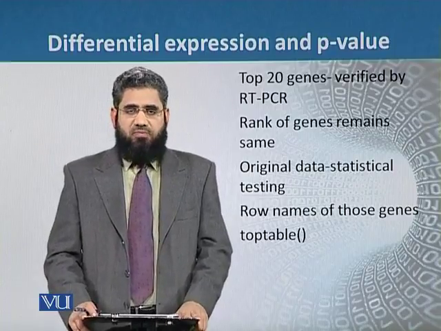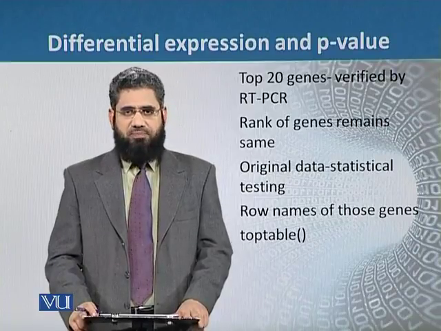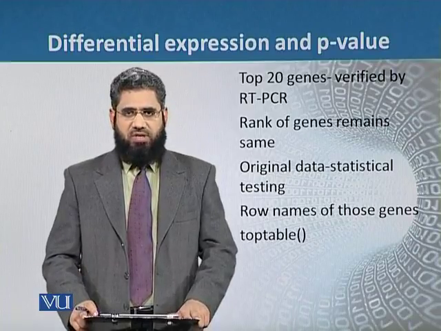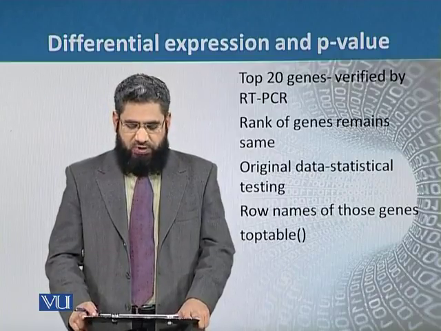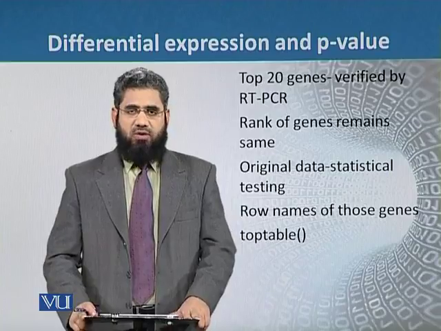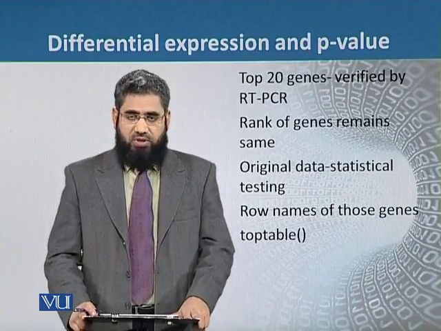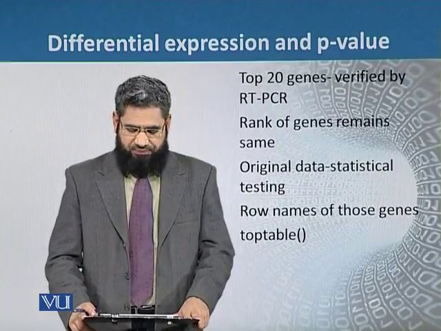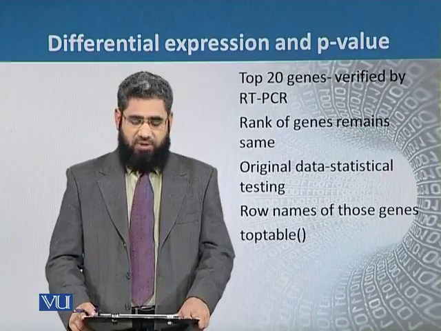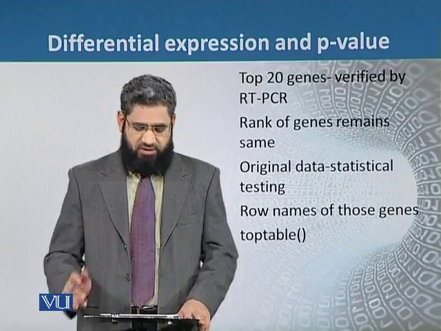So sometimes we are also interested to see the original raw data that is obtained after the statistical analysis. For this purpose, first we have to find out the number of rows for the different types of genes, and we can get the rows from the command topTable, and in parentheses we can write the data.